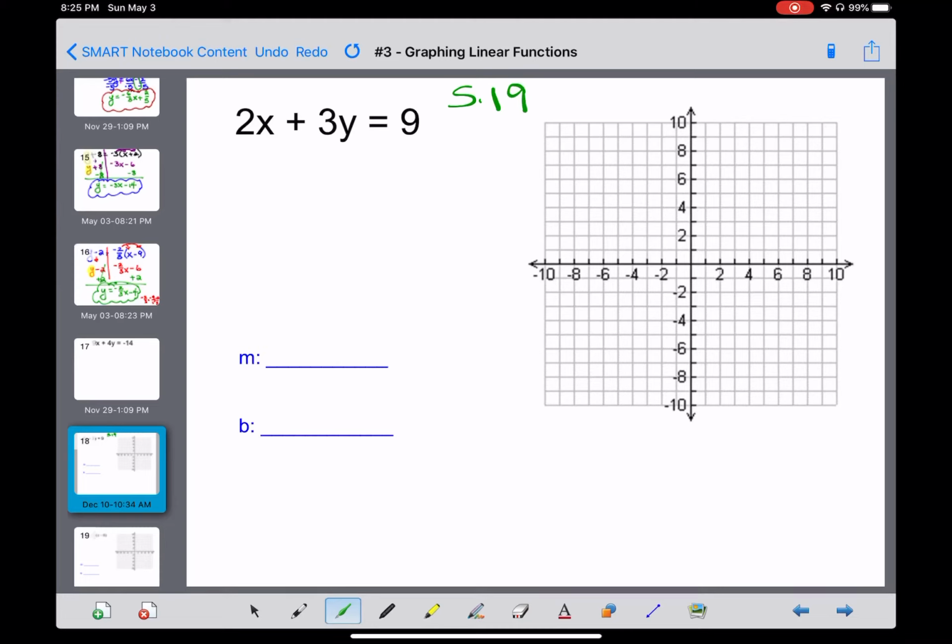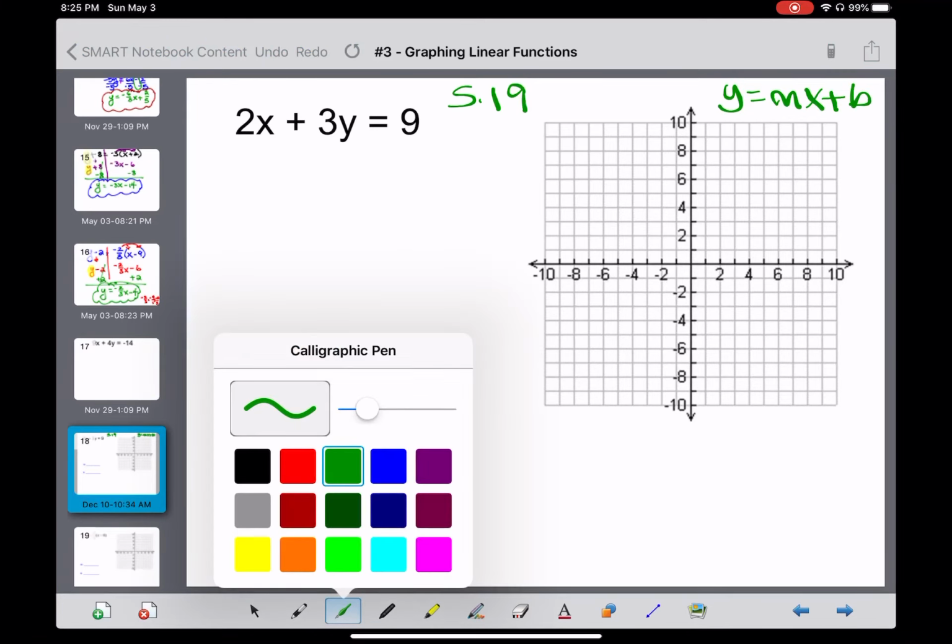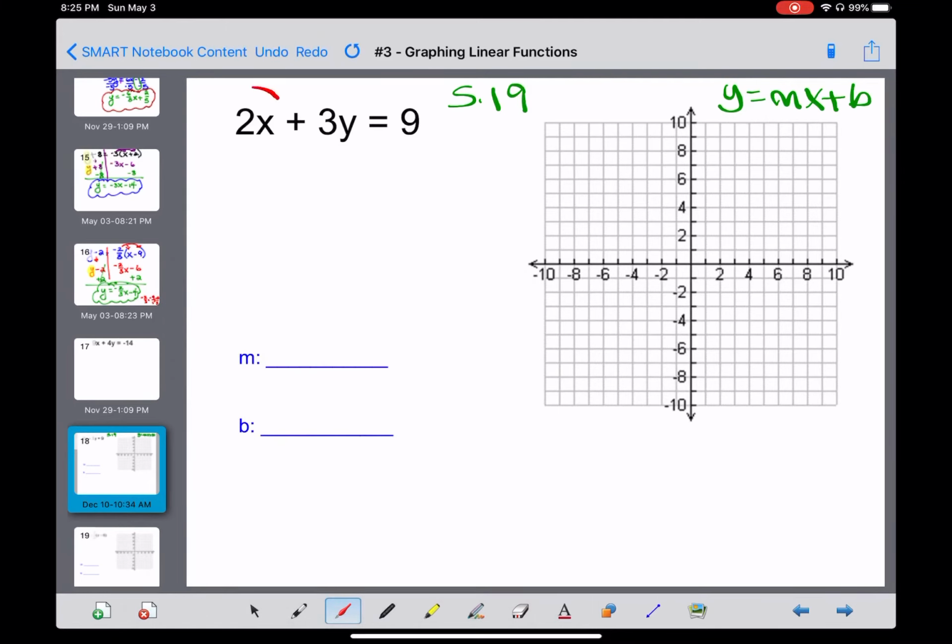We cannot graph it because it is not in y equals mx plus b, so I need to get it there, just like we did a little while ago. I need to bring this to this side. It's a positive 2x, so I'm going to subtract 2x from both sides.